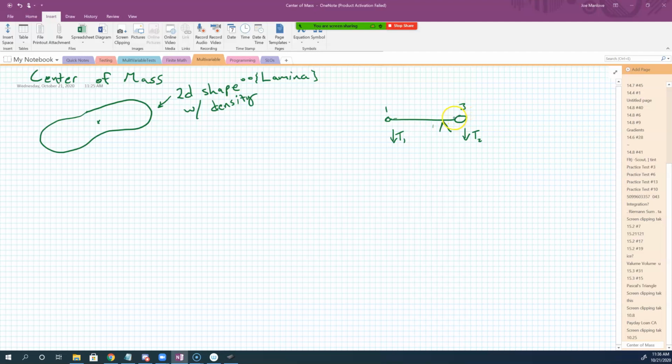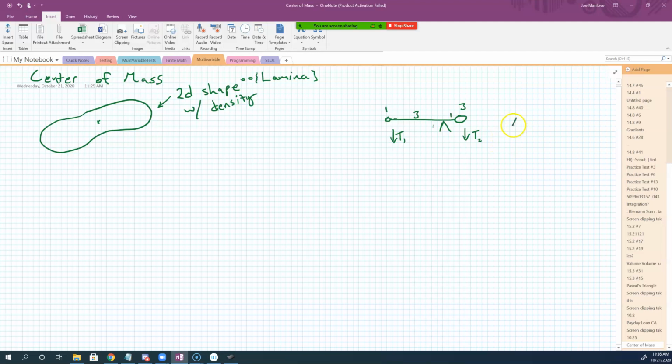So 2/3 is quite close, but not quite. 3/4. Say that again. 3/4. Perfect. I think it should be 3/4, a ratio of 3 on this side to 1 on that side. You guys kind of see that?